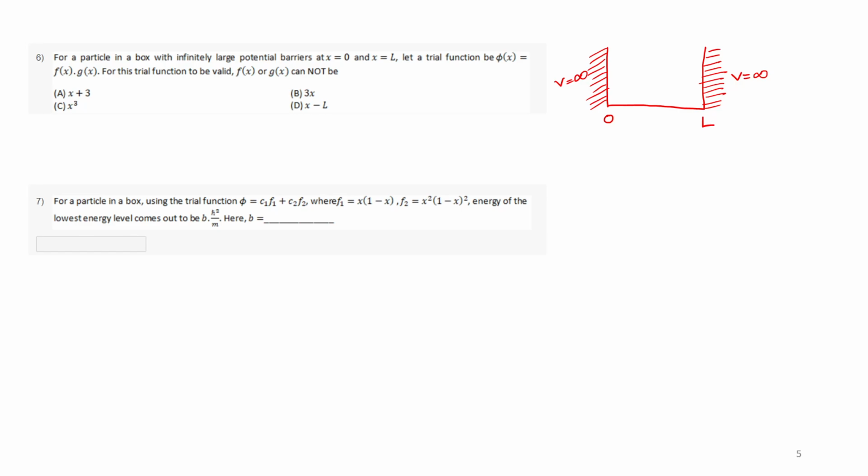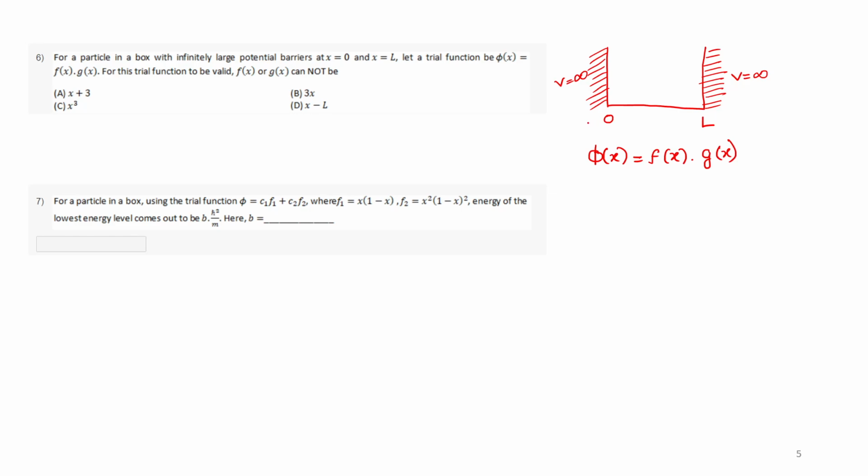So here your trial wave function is given by phi of x, a product of f of x and g of x. Now the question states, out of these four functions, which cannot be f of x or g of x. So your phi of x cannot be arbitrary, right?